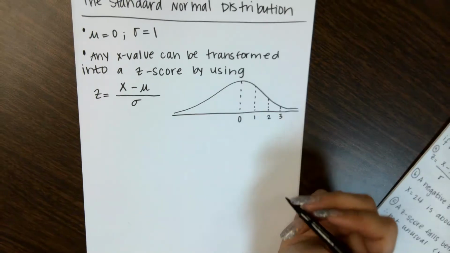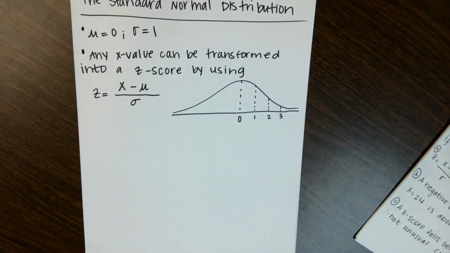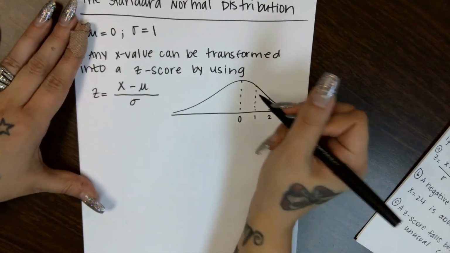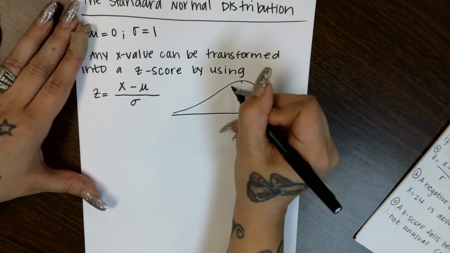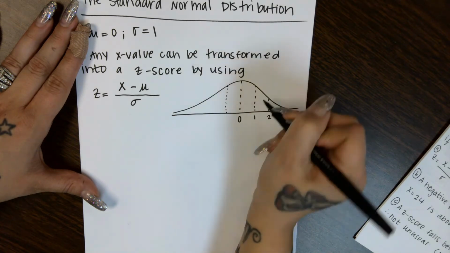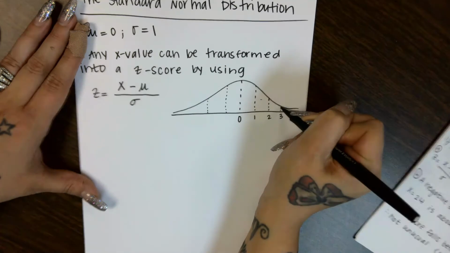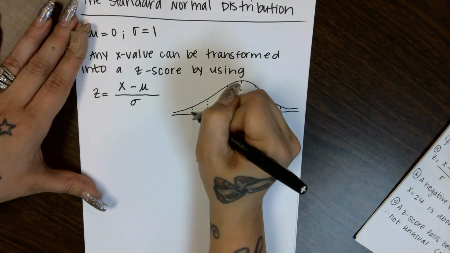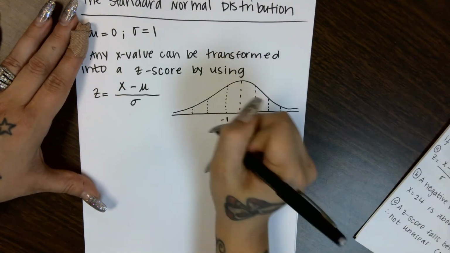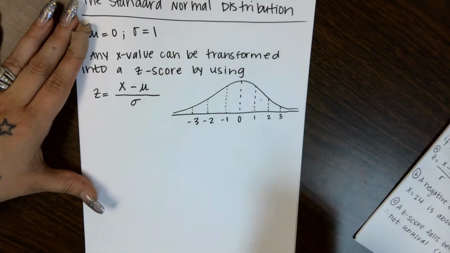Then do the same thing going to the left. At 0, if I subtract 1 standard deviation, I got a -1, then -2, and then -3. I try to make these start at the approximate place, even though it's ugly and not drawn right. It doesn't really work. I'm not going to have you draw one, so you don't have to worry about that.